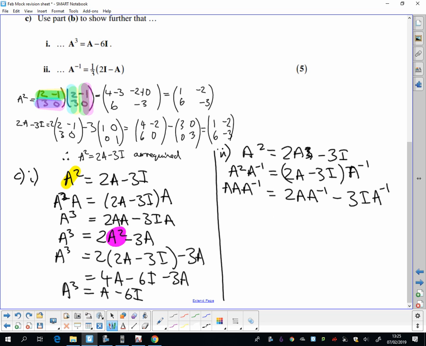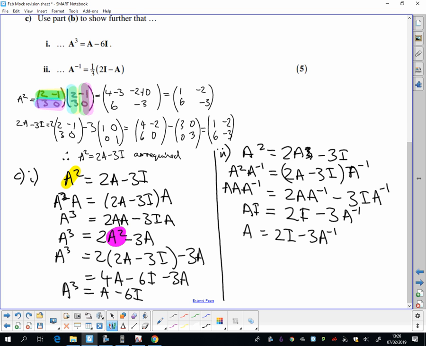Whenever you've got an A times an inverse, that makes the identity matrix. So that side becomes just A times the identity, which is A. Here I've got a matrix times its inverse, so that also just becomes the identity matrix. And here I've got an identity times inverse, so that is just the inverse. So now I've got A equals 2 times the identity minus 3A to the negative 1.